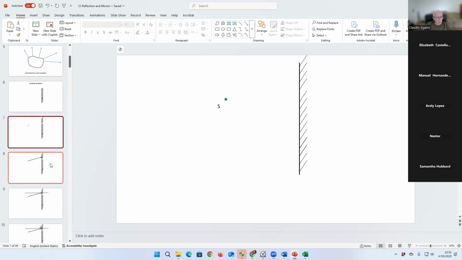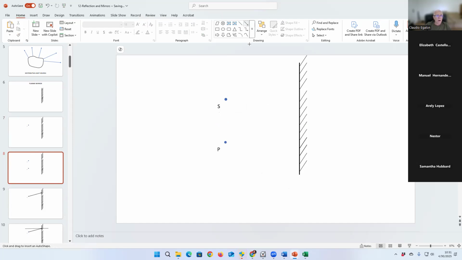We have a light ray coming out from this point, and here's the source. This light ray is going to pass through another point, this point right in here, P. The reflected light ray is going to pass through another point right in here, okay?